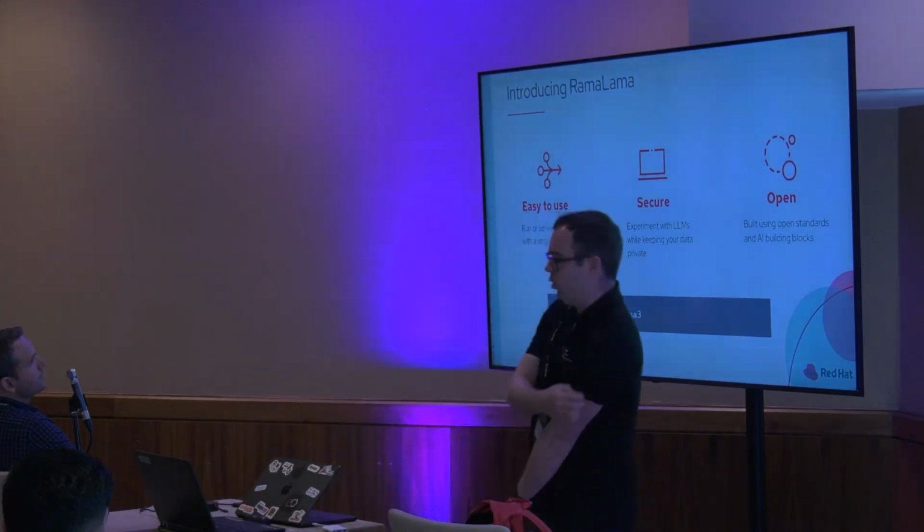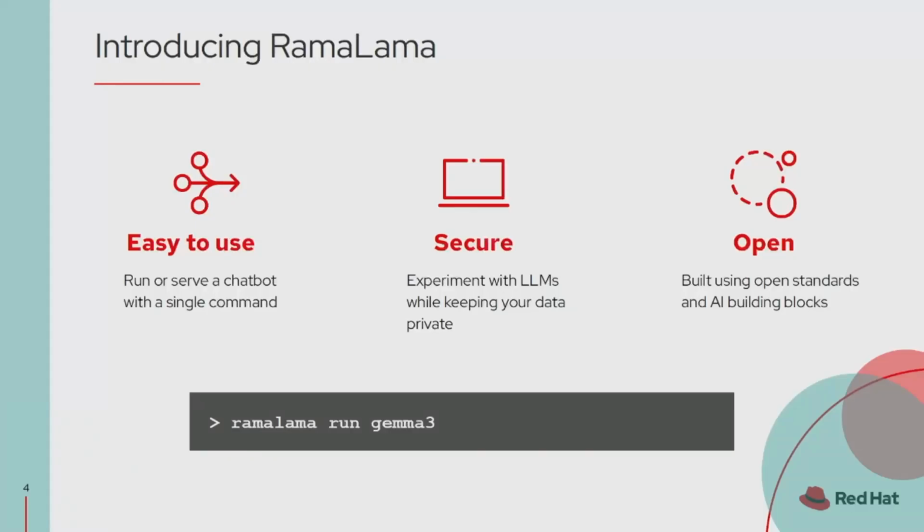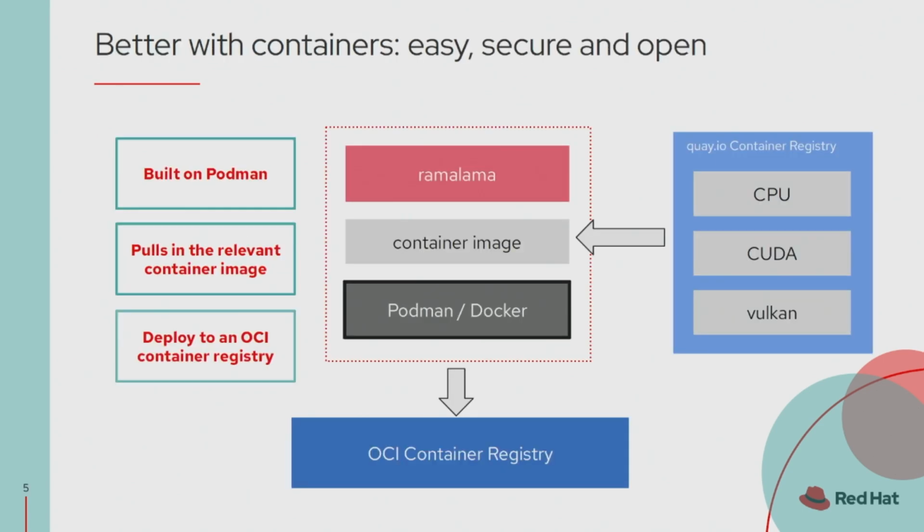And we build using open standards and AI building blocks. So here's an example you can run. In this case, it's Gemma, but you can run any model you want. This is ramalama run gemma, and if you run this, you get a little chatbot CLI on your terminal, and you can query the LLM as you wish.